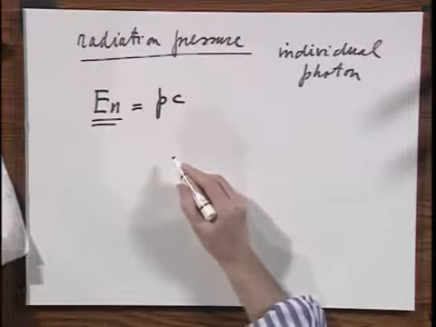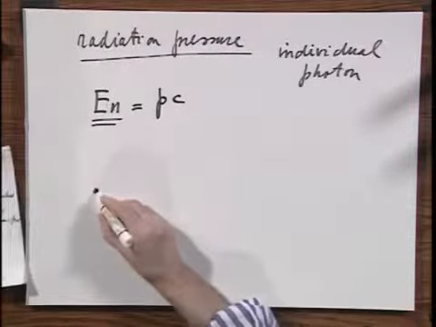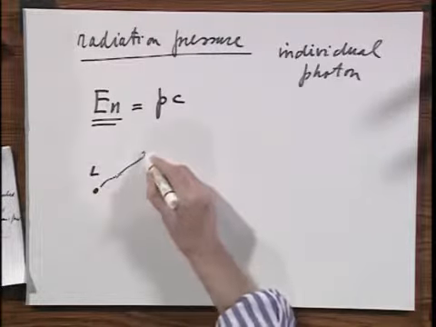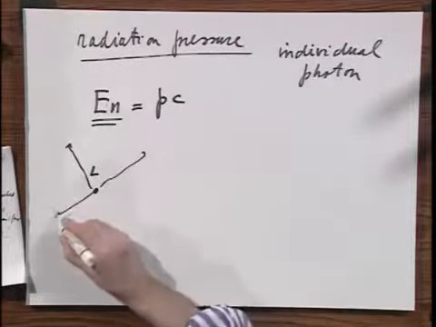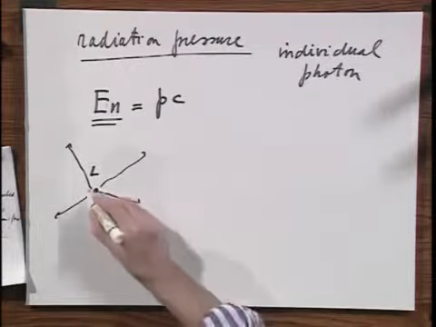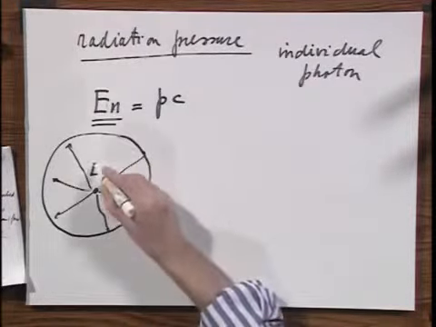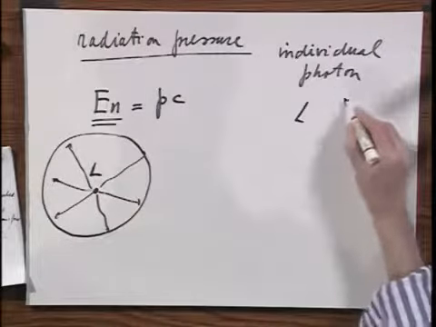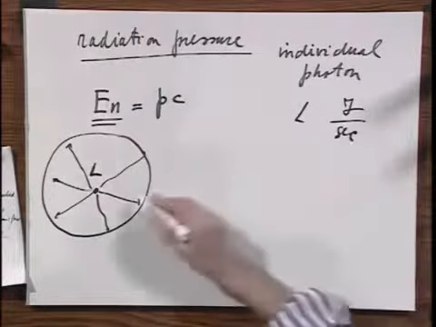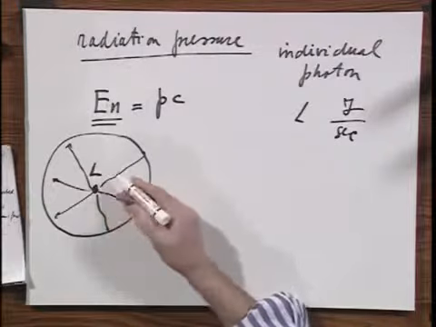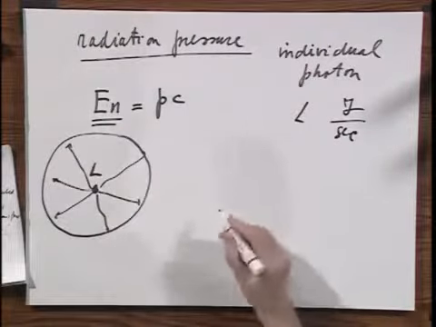Now, assume that we have here a source of photons going off in many directions. So we're dealing with many photons, but the luminosity, L, which is in joules per second, is a given value. It could be a 100-watt light bulb. Could be the Sun.